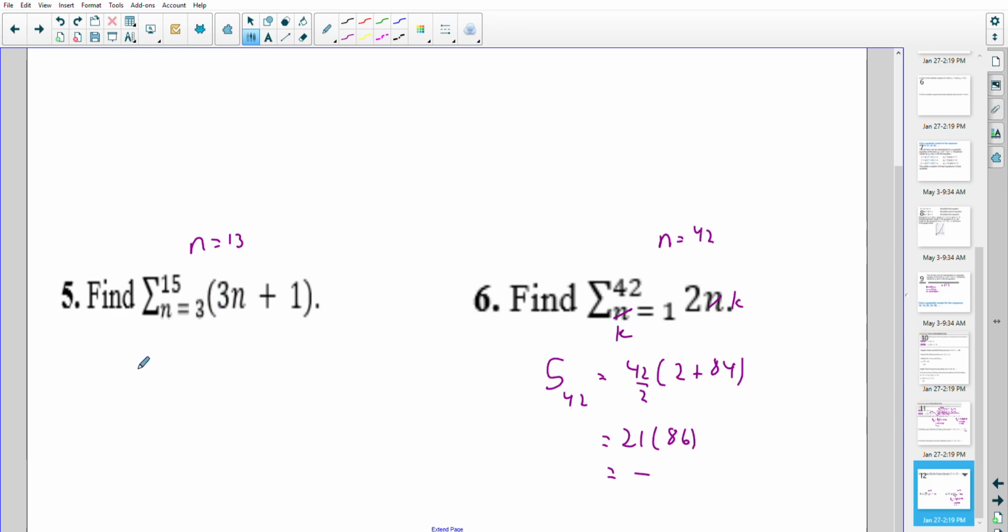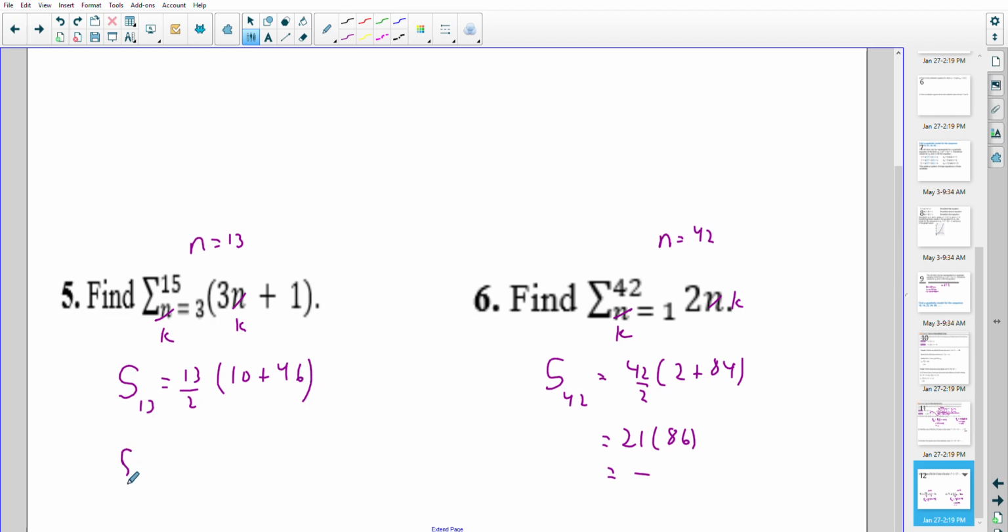Now you know what your n is, and you plug this in to get your 3. Again, I prefer this being k instead of all being n. So the sum of the first 13 terms is equal to 13 divided by 2, times the first term, which is going to be 10 when I substitute 3 in for k, plus 46 when I substitute 15 in for k.